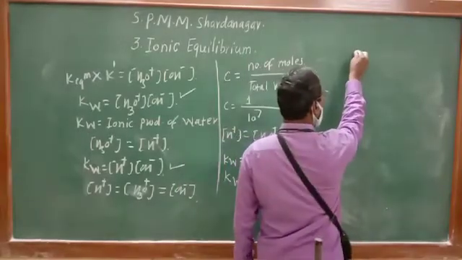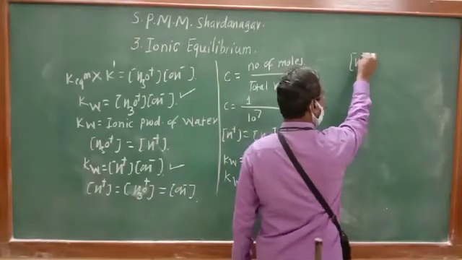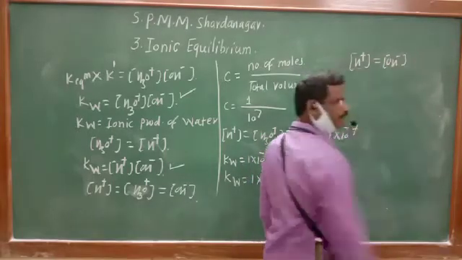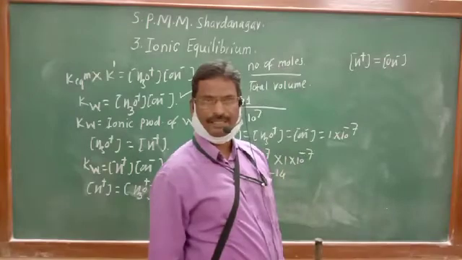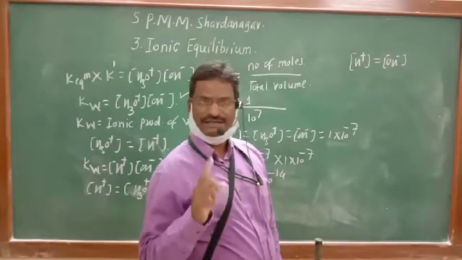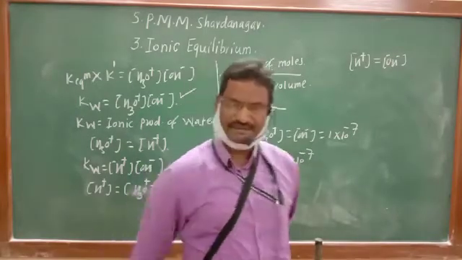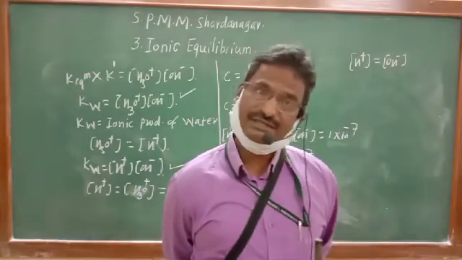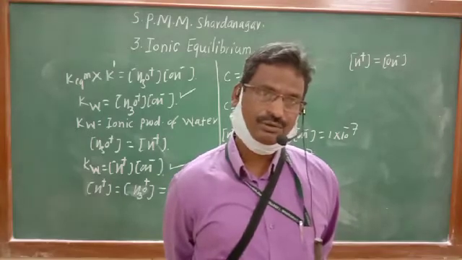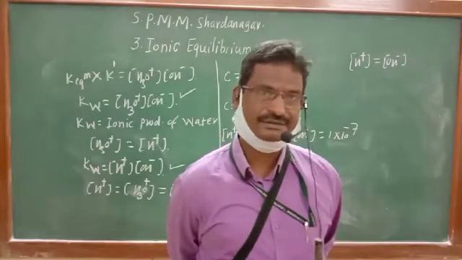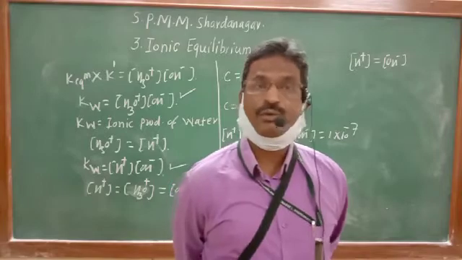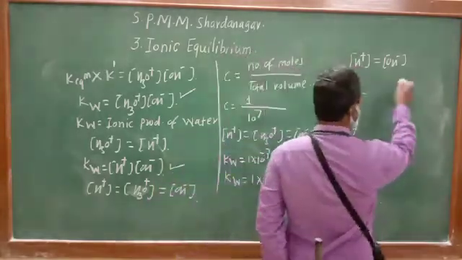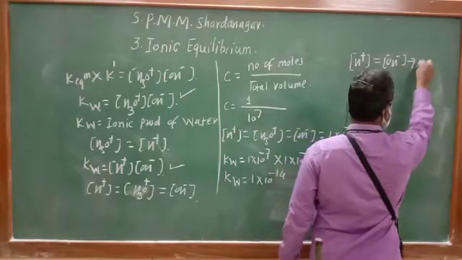We know in pure water H plus ion concentration is equal to OH minus ion concentration, and since acid is a substance which gives H plus ions, and base is a substance which gives OH minus ions, here equal numbers of H plus and OH minus ions are present, therefore water is neutral.